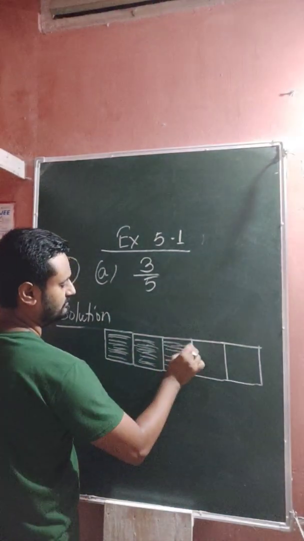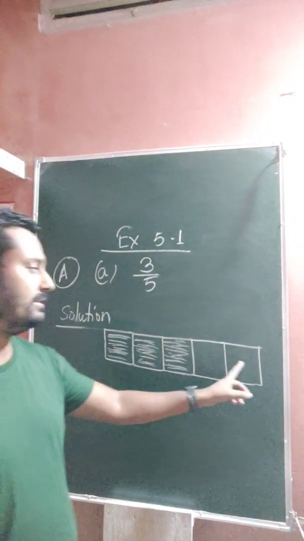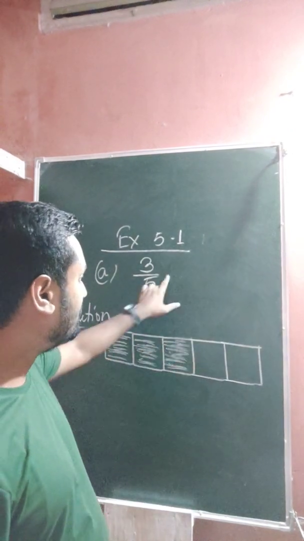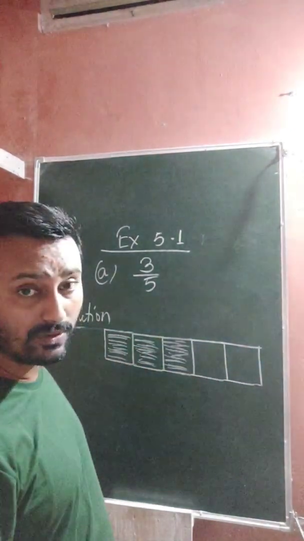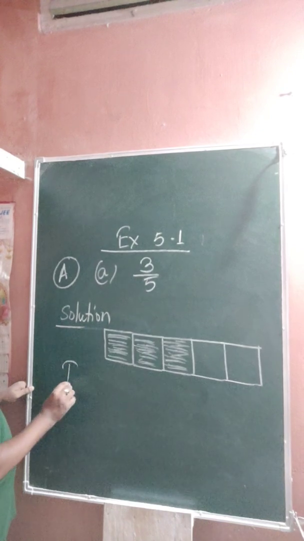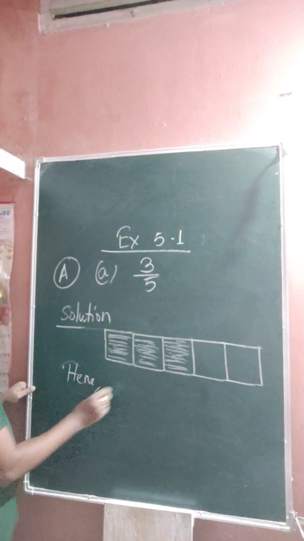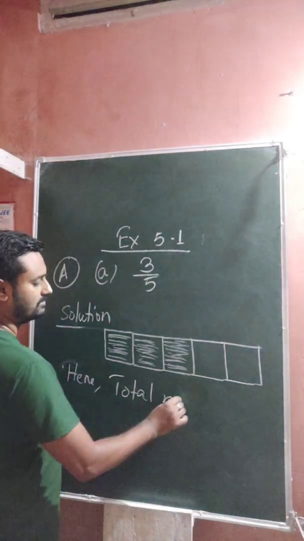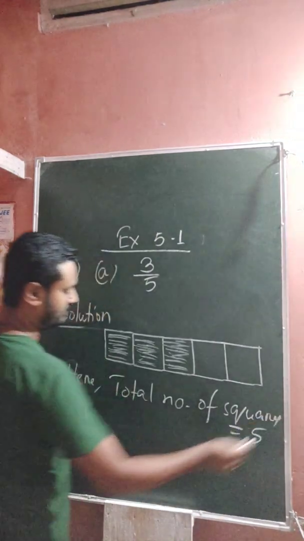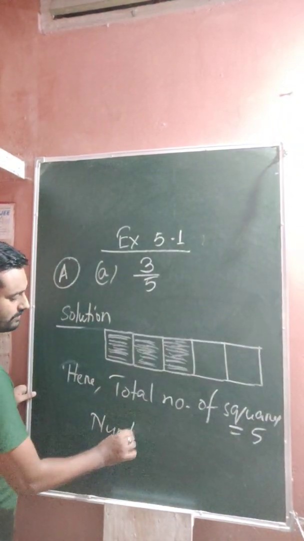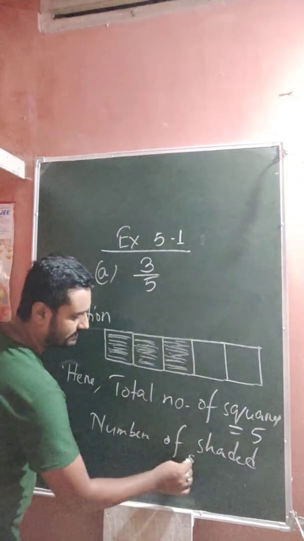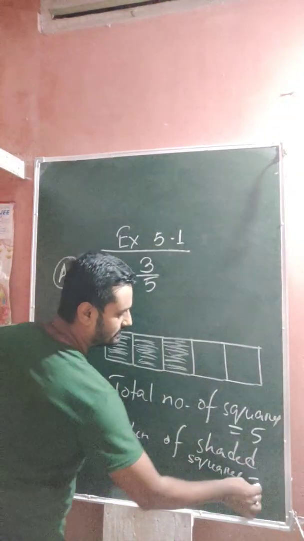Suppose 3 squares are shaded and 2 squares remain non-shaded. So you can easily derive this fraction 3 by 5. That means how many squares? 5 squares. Out of 5 squares, 3 squares are shaded. So you can write here: total number of squares, suppose 5. Number of shaded squares, 3.